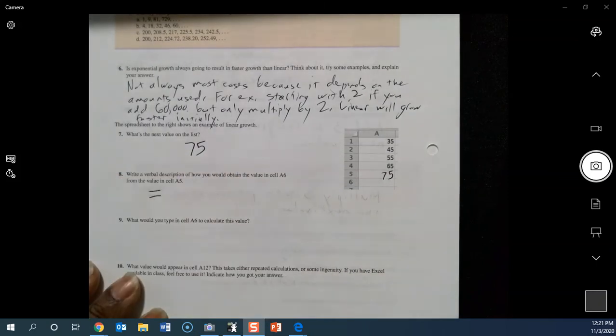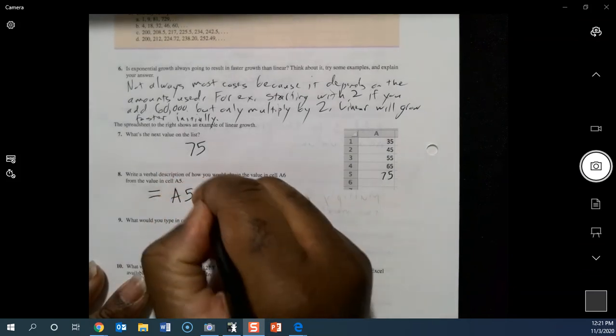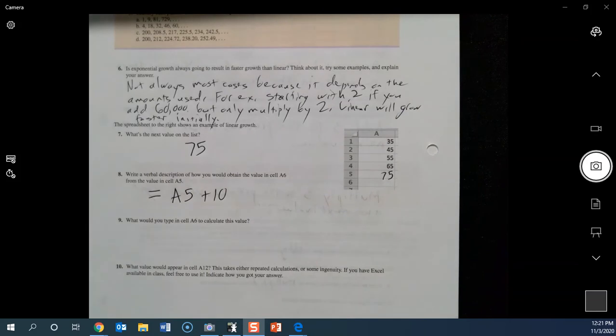Now, using a program like Excel, you would typically type in the equal sign and you would type in A5 plus 10. And that is for you to get A6.